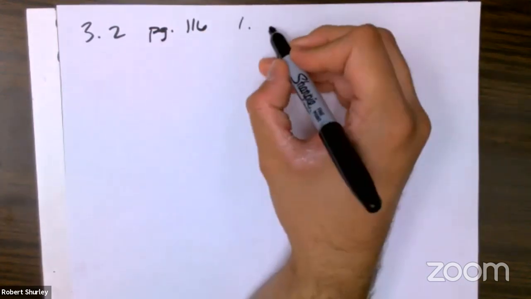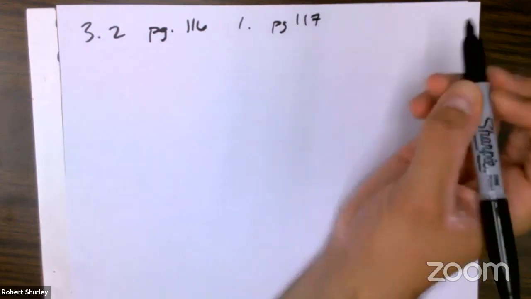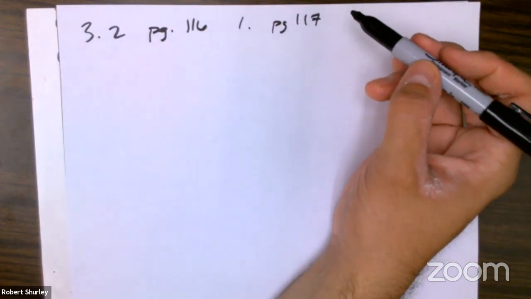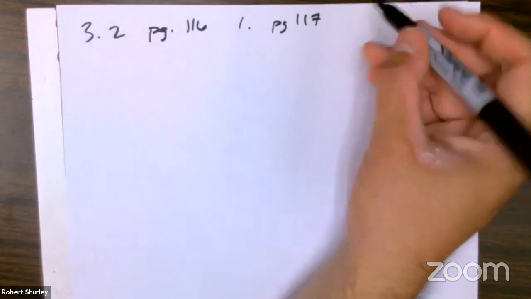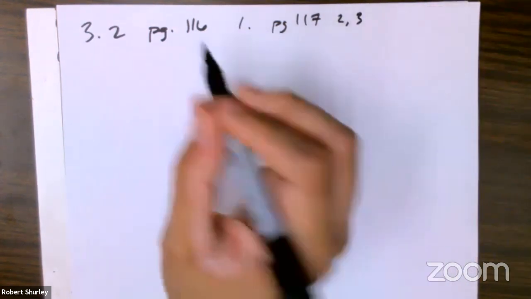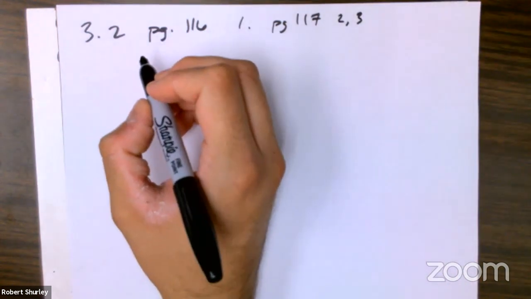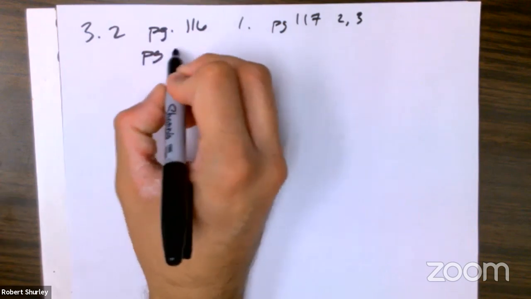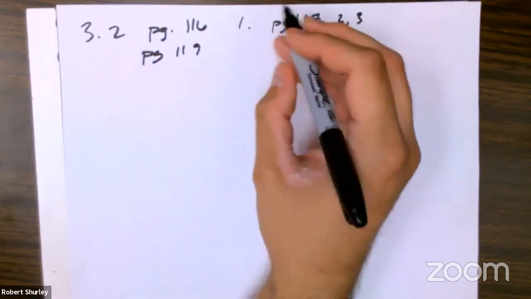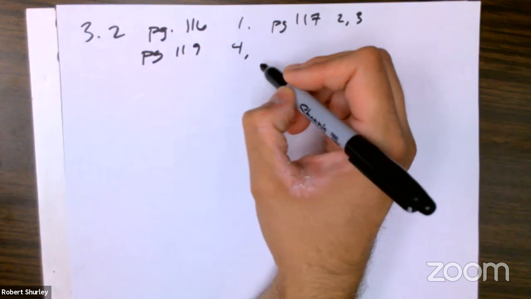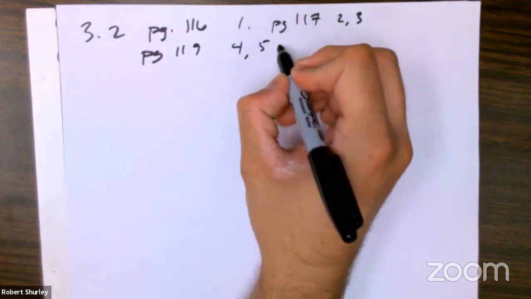And then on page 117, at the very bottom right, you see 2 and 3. And then page 119, we've got 4 and 5.